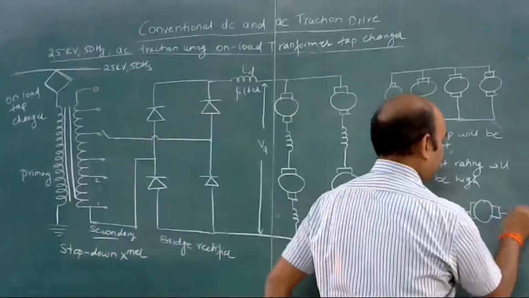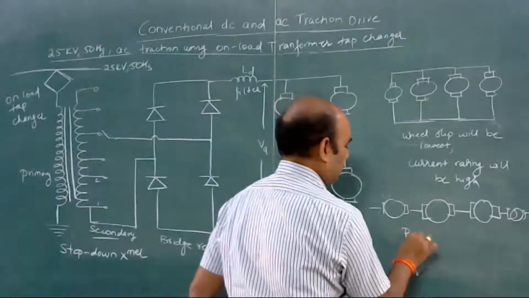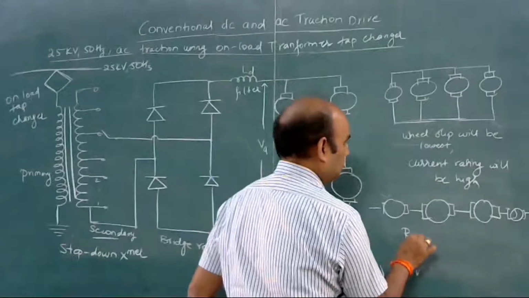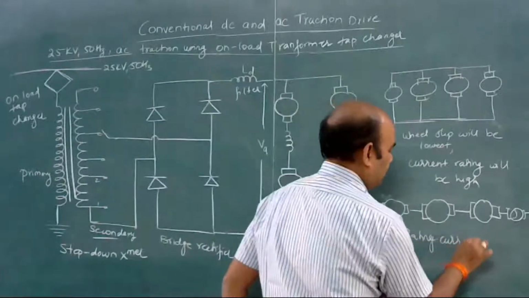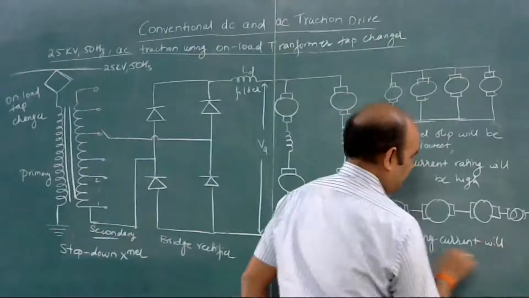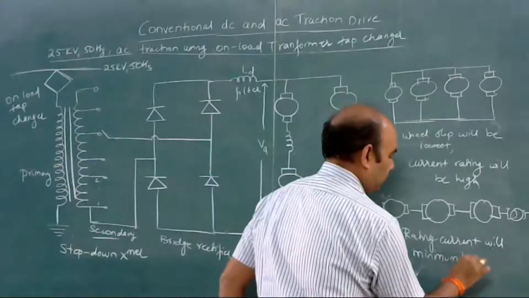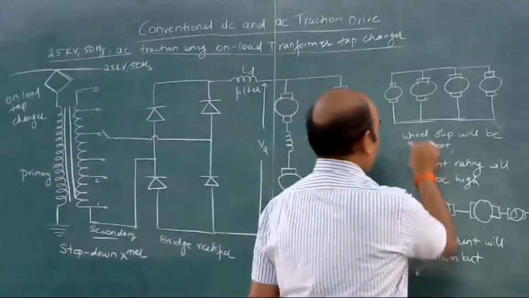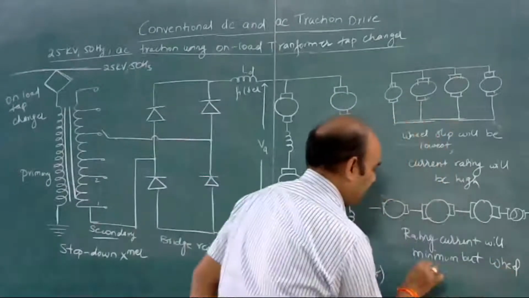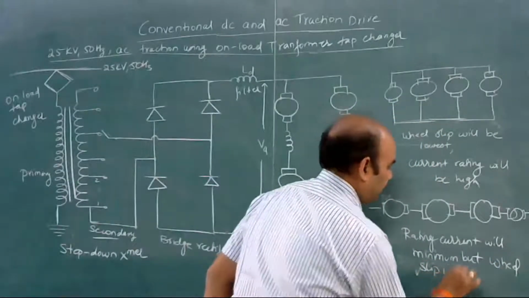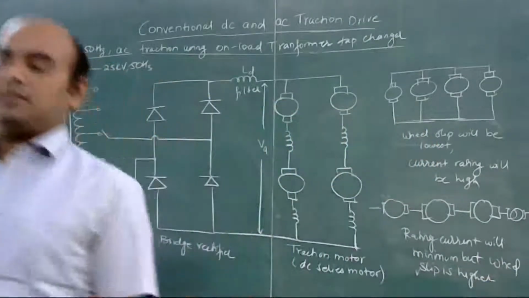The current rating will be minimum in this case, but the tendency of wheel slip will be high. So the coefficient of adhesion will be less in this case.